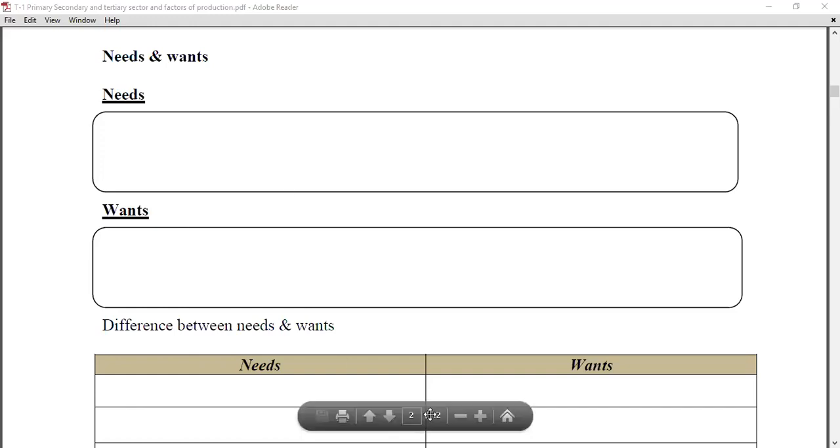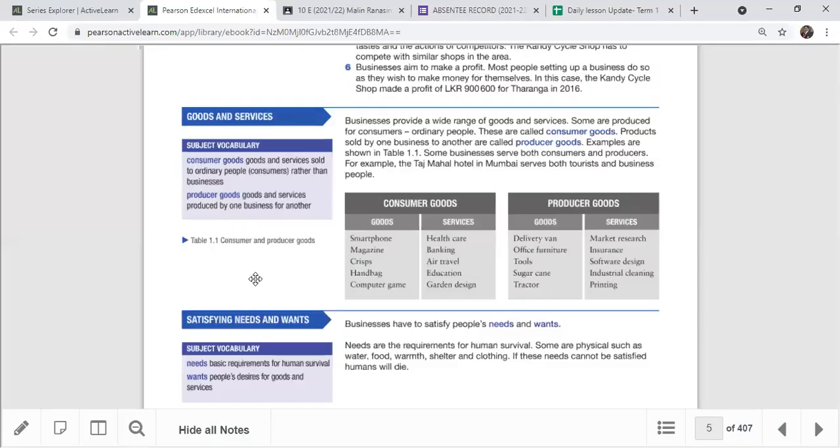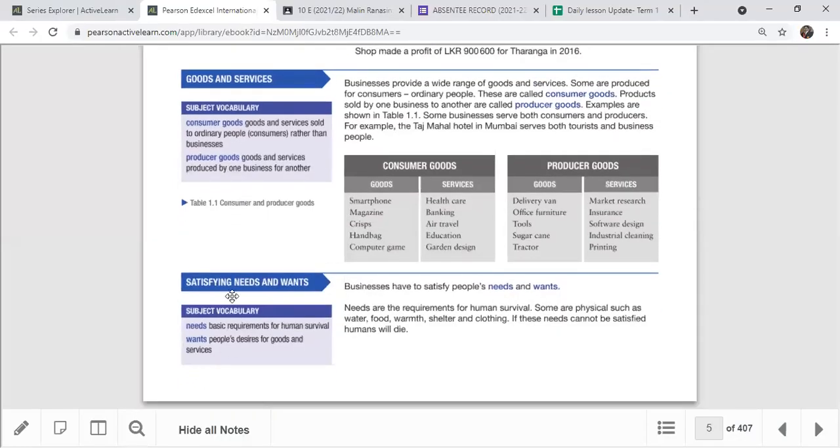Please take down the basic definitions. You can see the definition section here. Needs are the basic requirement for human survival. Write down: needs are the basic requirement for human survival. And the other one: wants are people's desires for goods and services.